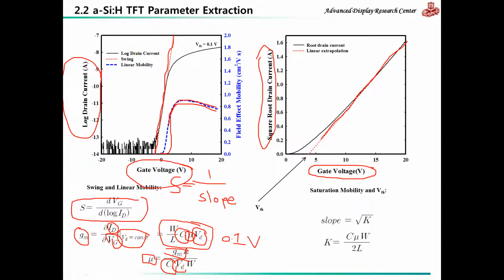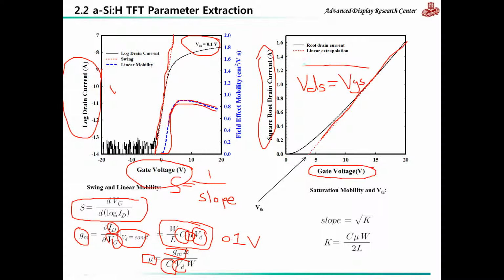Now this drain current is different from this drain current. Why? Because this drain current is measured at VDS equal to 0.1 volts, whereas this drain current is measured with VDS equal to VGS.